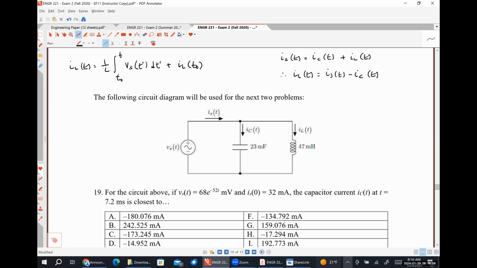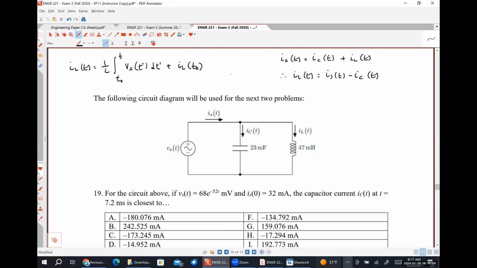So let's work on this part first. I'm not really giving myself a lot of room, but I'll sneak it in here. All right, so L is 23 millifarads, so that's going to be 23 times 10 to the minus 3. A farad is a volt second per amp.